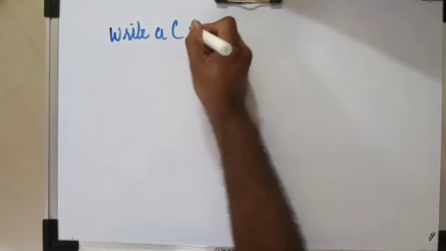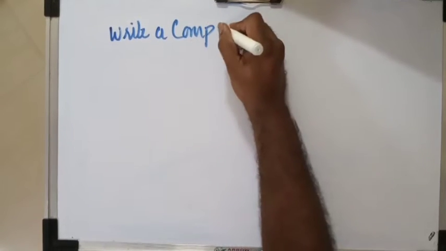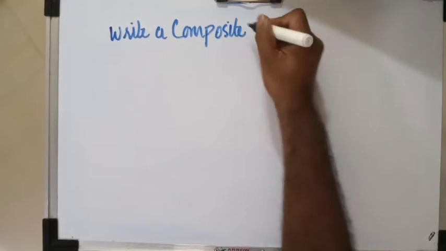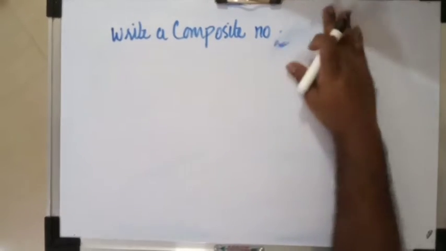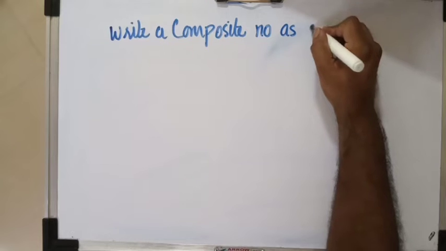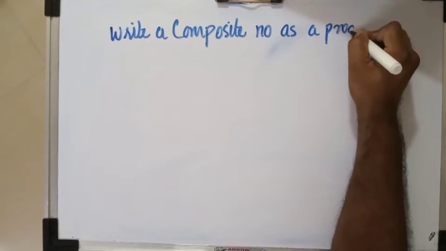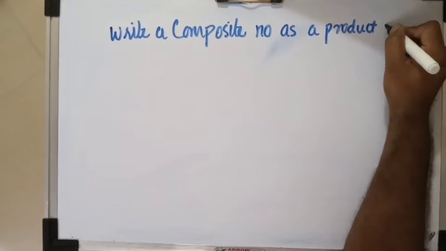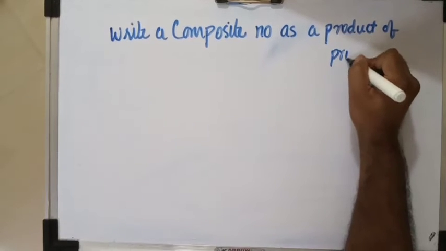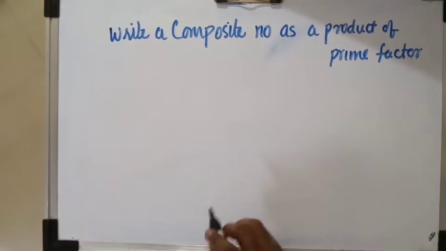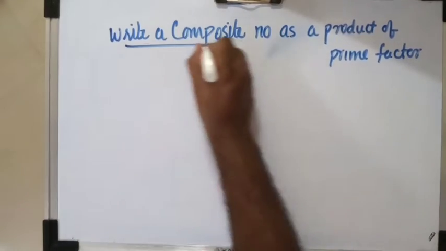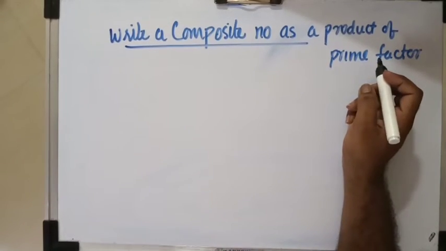Write a composite number as a product of prime factors. Okay, so now we are going to find the prime factors of composite numbers.